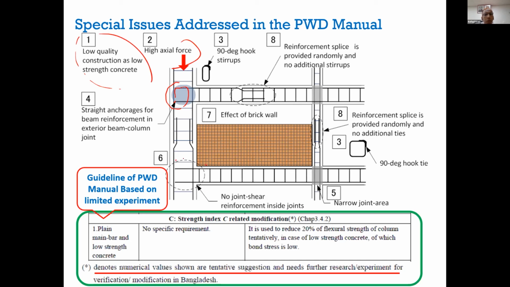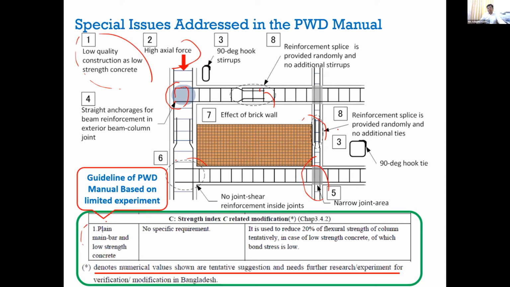The beam column joint is also poor, the splicing is not proper in the beam as well as in the column, and the joint area is very narrow. That type of issue we address in our manual, and we also provide some guidelines.